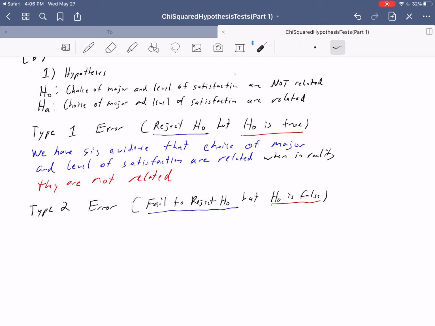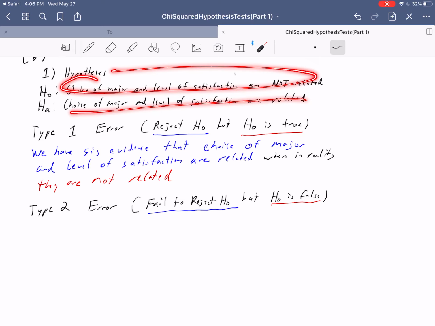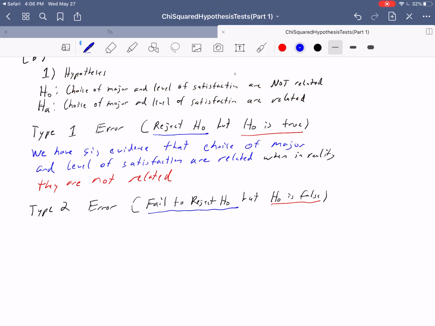Well, that means that we failed to throw this out. We failed to find evidence for a relationship. So we'd say we have no evidence that choice of major and level of satisfaction are related.